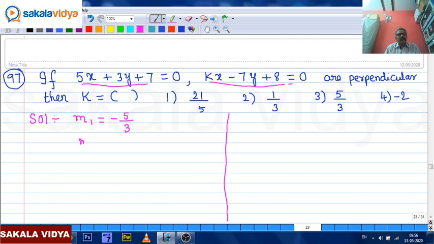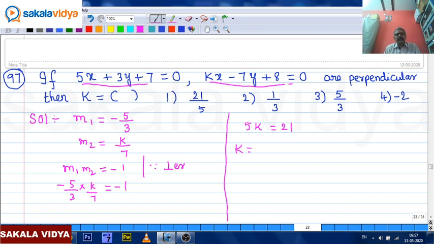Slope of the second line m2 is equal to minus k by minus 7, which is k by 7. m1 into m2 is equal to minus 1, since they are perpendicular. So minus 5 by 3 into k by 7 equals minus 1. So 5k equals 21, because minus minus cancel, k is equal to 21 by 5.